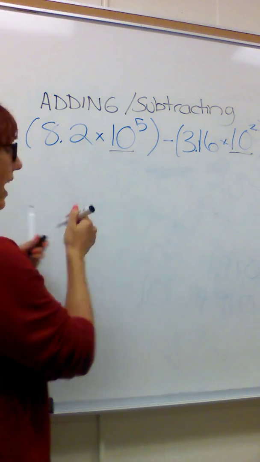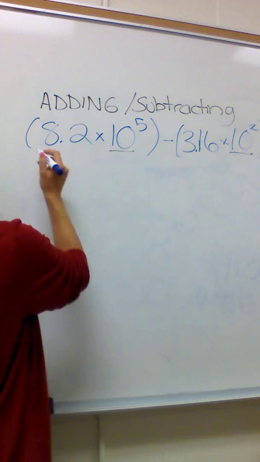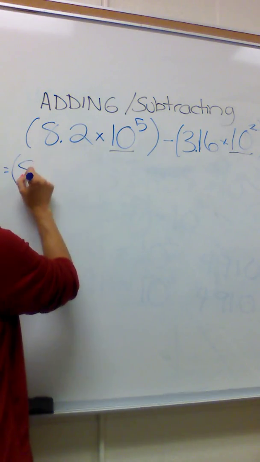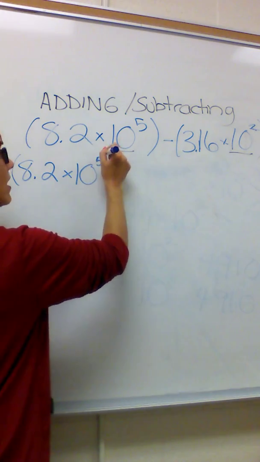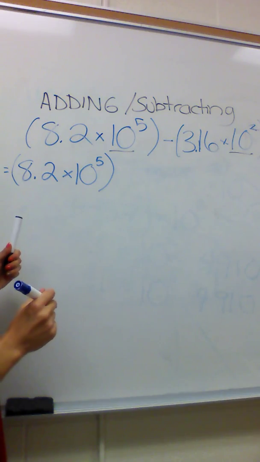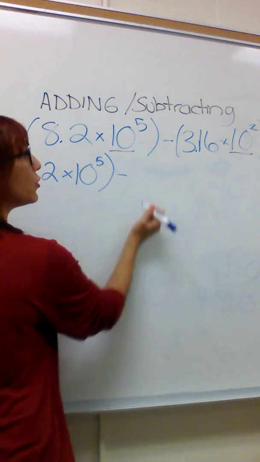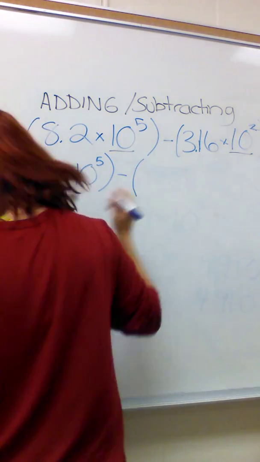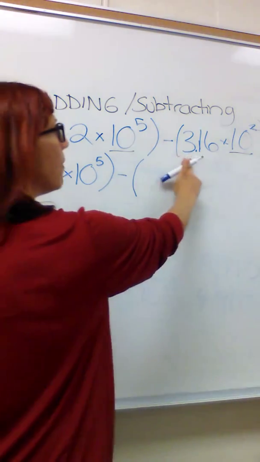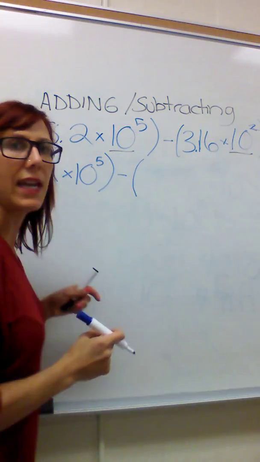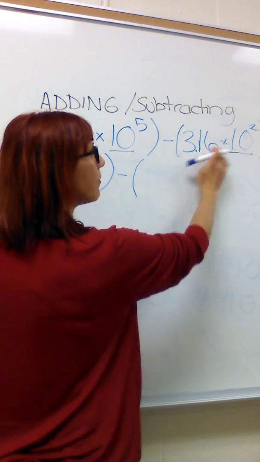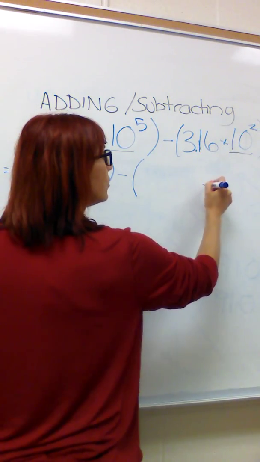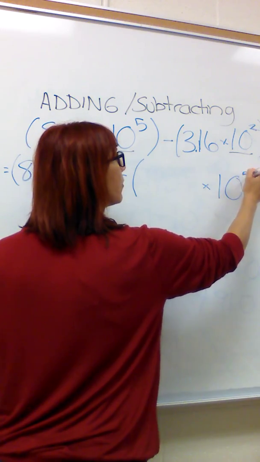So I'm going to keep the 8.2 times 10 to the exponent 5 as is. Then I'm going to subtract, and now I have to change my number here to make it 10 to the exponent 5.